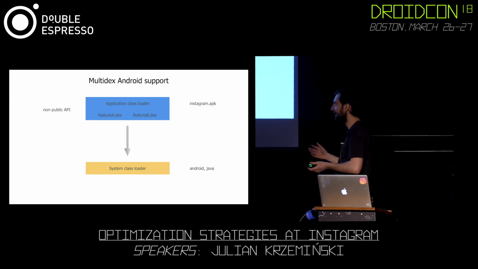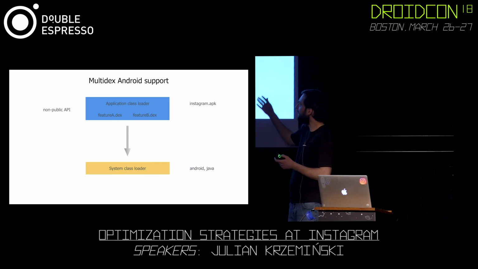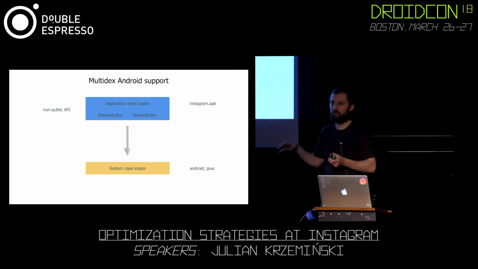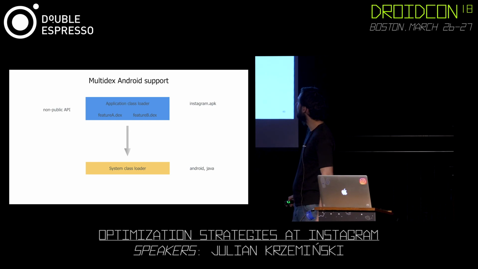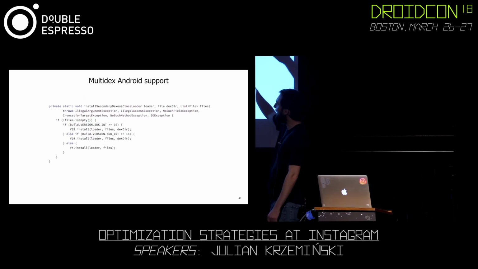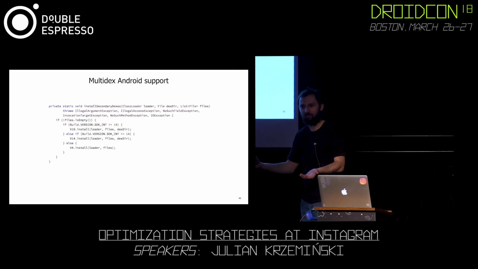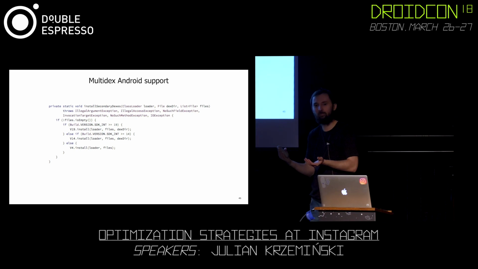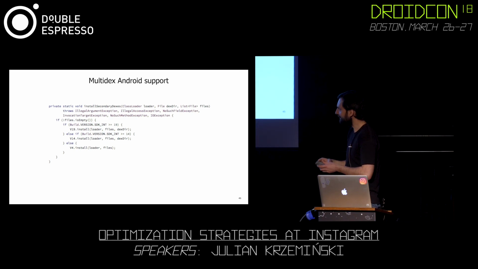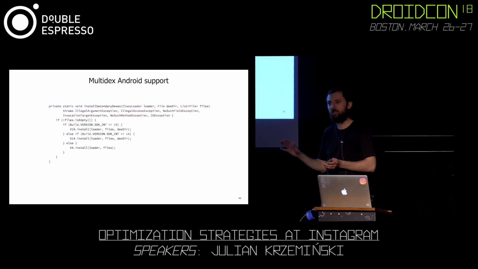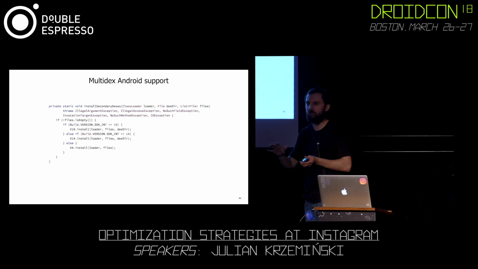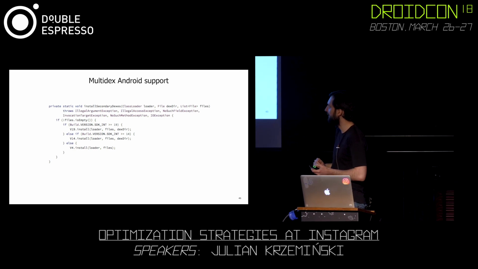But this is Java, and there are ways to modify private fields. So you can modify private fields in the application class loader so that it handles other files too. If you look at the Multidex library, you will notice that they have different implementations for different versions, because those private fields were changing. If you modify private fields, you never know when they change. So this approach needs a bit of maintenance, but it works correctly for activities, services, and any features.